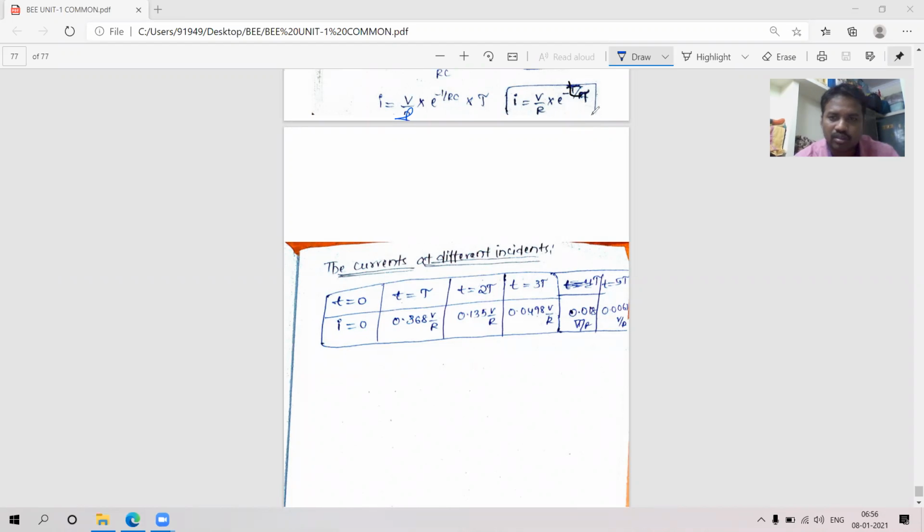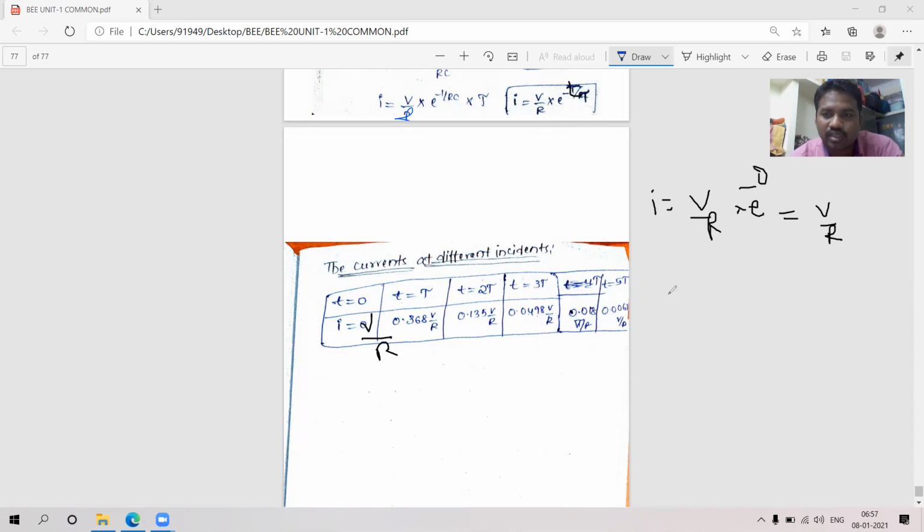So when t equal to 0, what will be the current? I is equal to V by R into e power of 0, and e power of 0 is 1, so that is V by R. So this value is not 0, it is V by R.